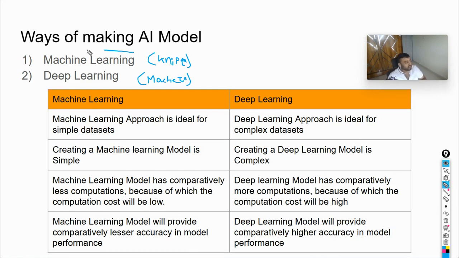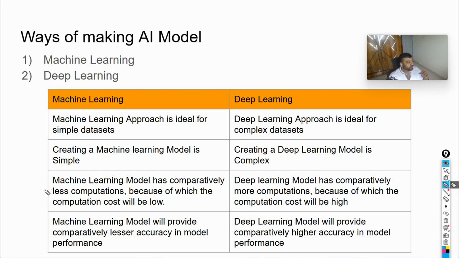Similarly, guys, creating a AI model using machine learning approach will be much cheaper for you. Why? Because if you create a AI model using machine learning approach, it involves less number of CPU computations. So let's say you are trying to create this AI model on cloud. Nowadays, most of the people try to create a AI model on cloud servers. Now on cloud servers, more CPU computation you do, the more cost you have to pay, right?